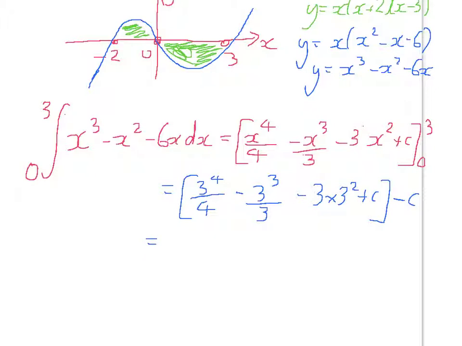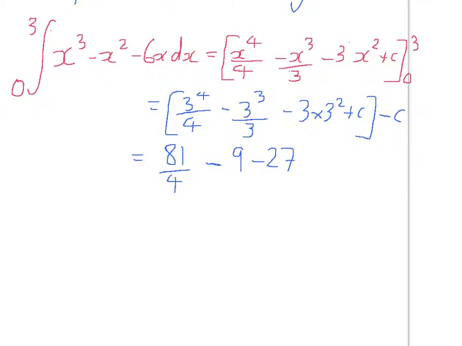So 3 to the power of 4 is 81 over 4. 3 cubed over 3 is 9, because 27 divided by 3 is 9, and 3 squared is 9 times 3 is minus 27, and the c's cancel each other out.